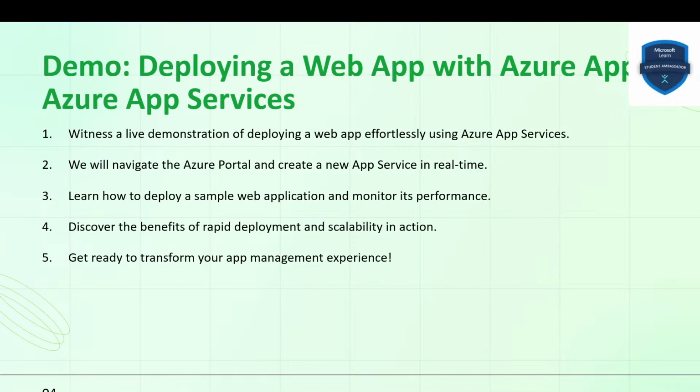For continuous deployment setups, changes pushed to the linked repository will automatically trigger deployment. These steps should guide you through deploying a web app with Azure App Services. If you need more details on any specific step or have any other queries, just let me know.